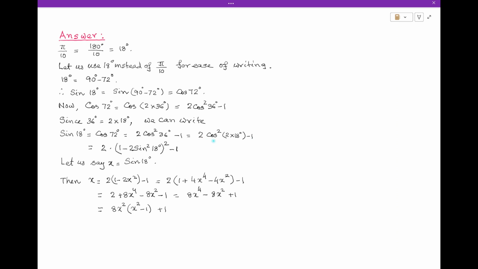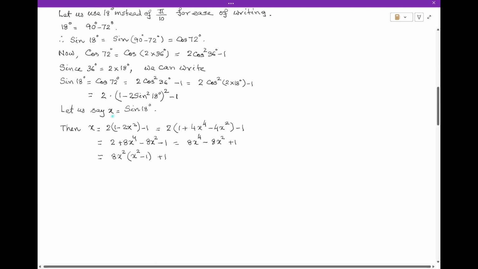And since cos square 2 multiplied by 18 degrees is 1 minus 2 sine square 18 degrees, we can write sine 18 degrees is equal to 2 multiplied by (1 minus 2 sine square 18 degrees) whole squared minus 1.